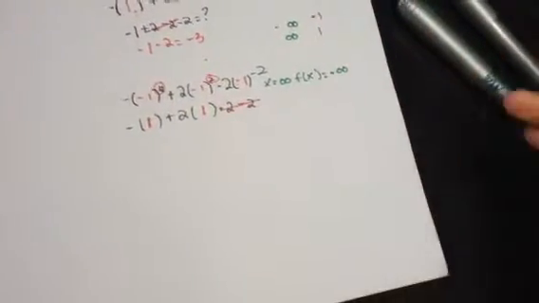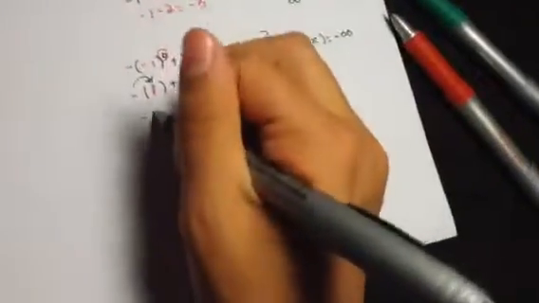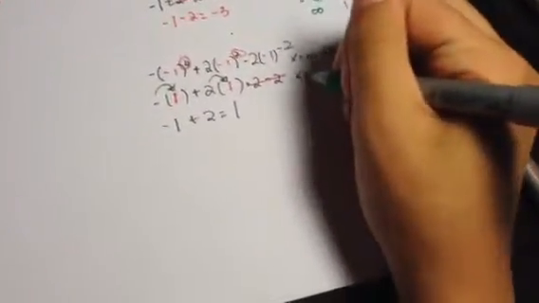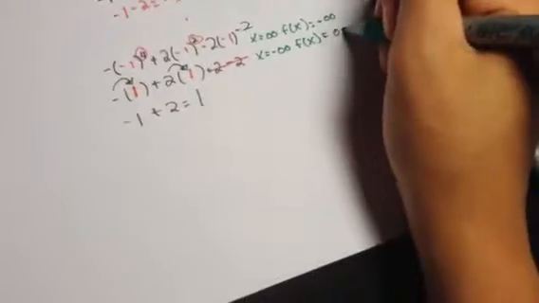So we don't have to worry about those two. Here we distribute the negative into the 1, we distribute the 2 into the 1. So it gives me -1 plus 2 equals +1. So as x gets closer to negative infinity, f of x will equal positive infinity.